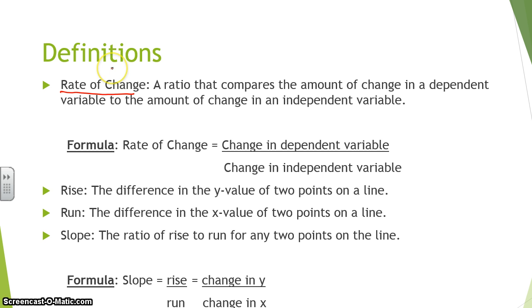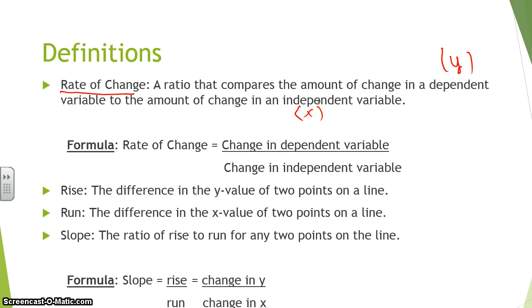Rate of change is a ratio that compares the amount of change in a dependent variable to the amount of change in an independent variable. Remember, your dependent variable is your output, your y, and your independent variable is your input, x.